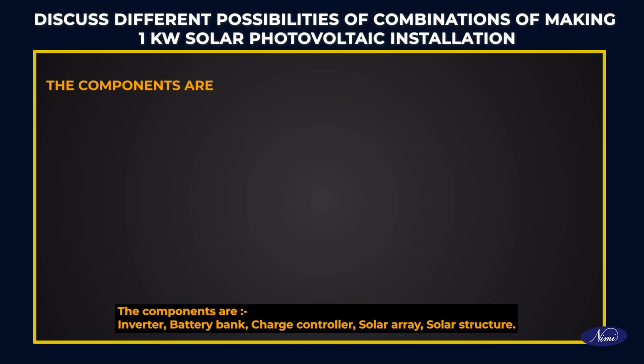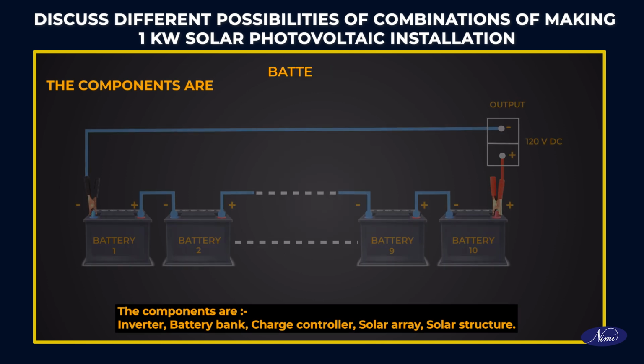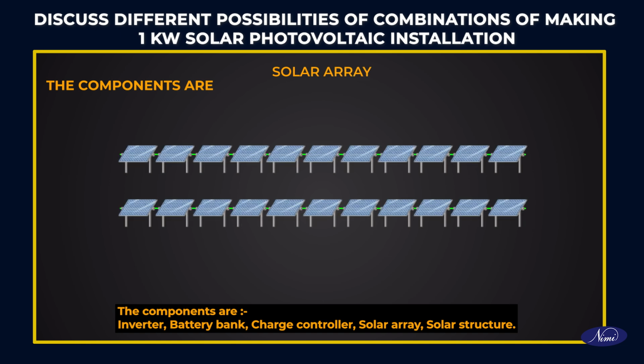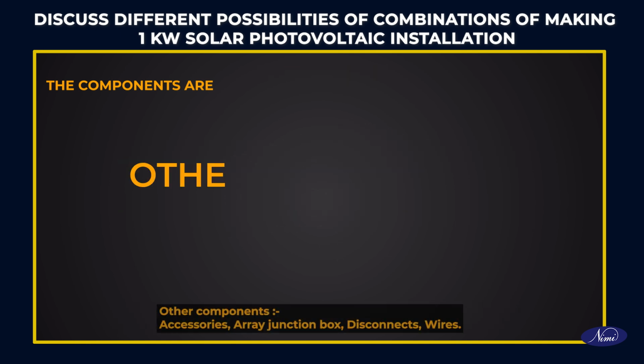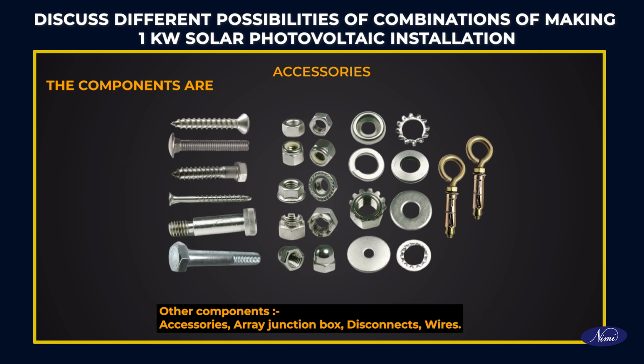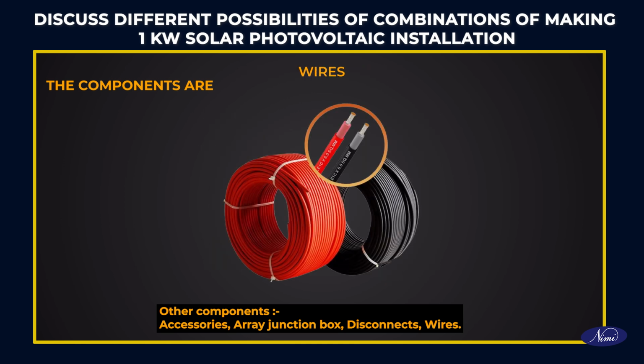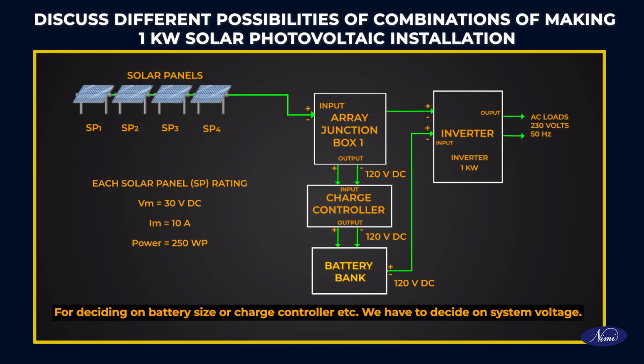The components are inverter, battery bank, charge controller, solar array, solar structure. Other components: accessories, array junction box, disconnects, wires. For deciding on battery size or charge controller, we have to decide on system voltage.